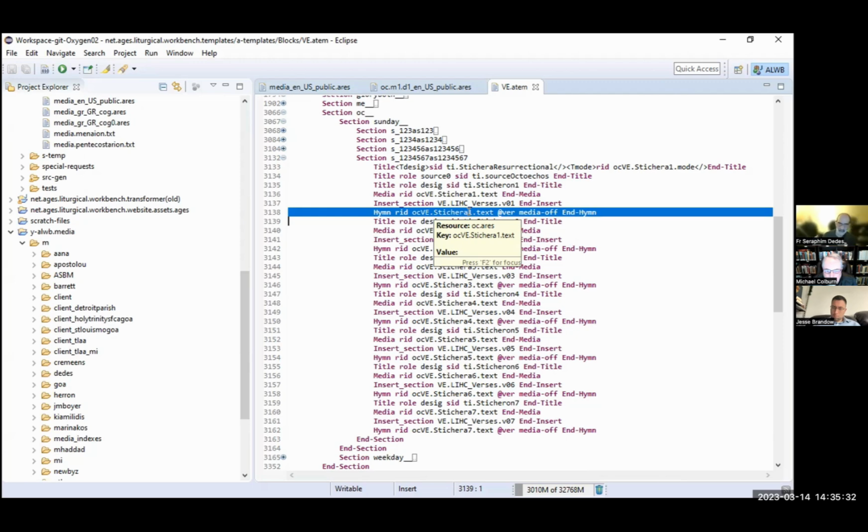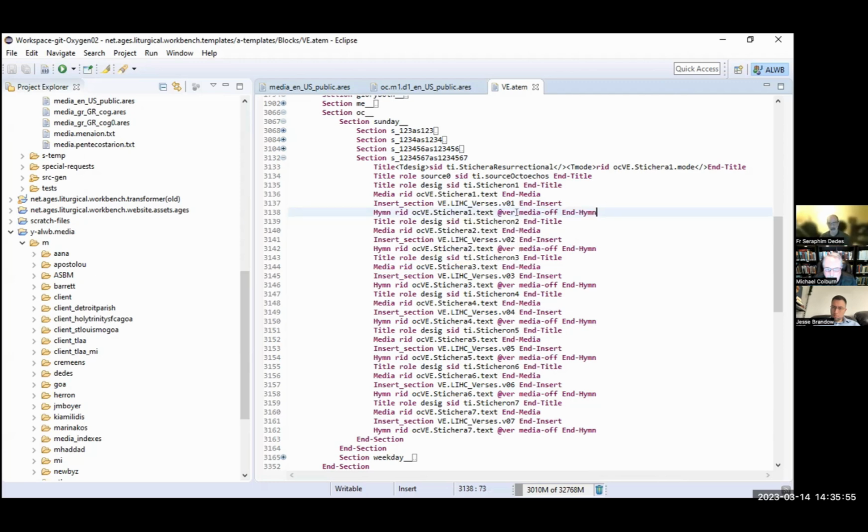Without declaring it, the program would take that key and look in the media map, and if it was registered, it would place those media icons and links right above the text of the hymn. I asked him to do that by default, and if I didn't want that to happen for some reason, I could force the media off. That's what media off does here.